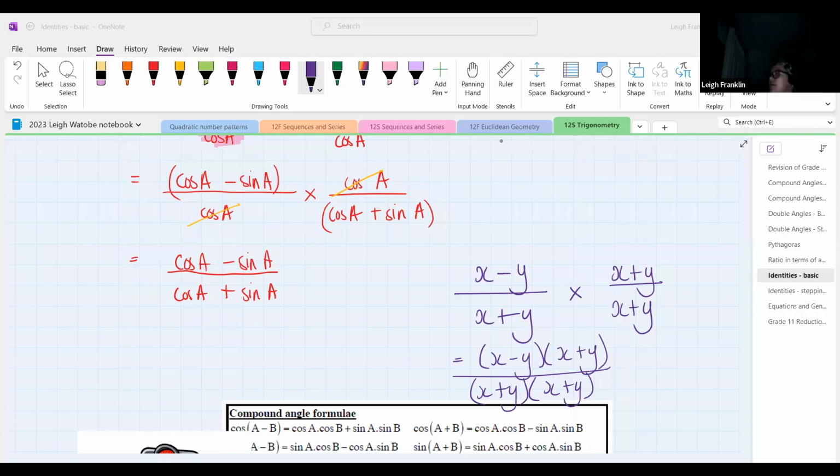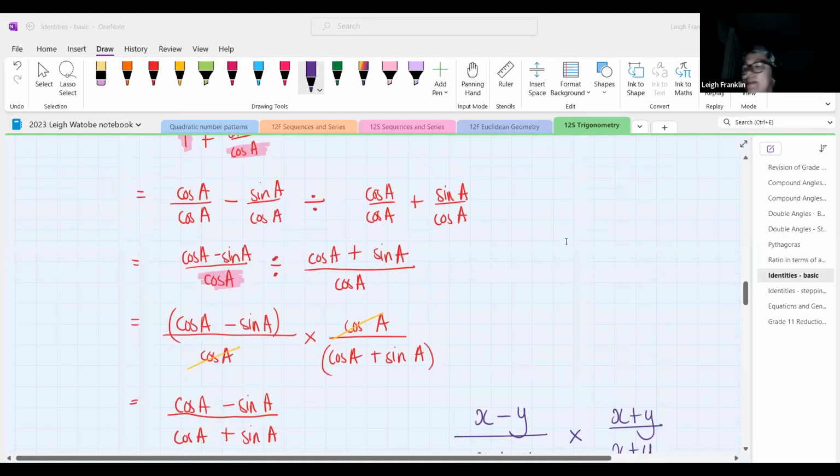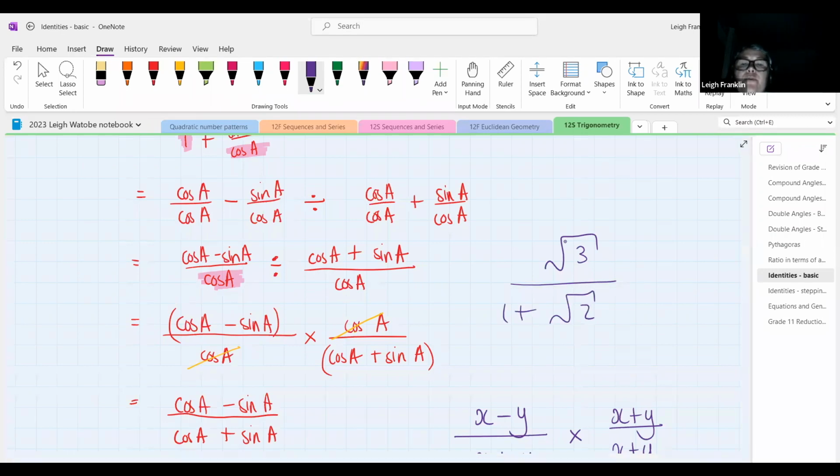So you can either create a difference of squares, sometimes multiplying by... do you remember when you were in grade 11? I don't know if you remember seeing questions like this, but let's say you had something like root 3, I suppose it doesn't need to be root, over 1 plus root 2, and then you had to rationalize the denominator. I don't know if you remember doing questions like this.